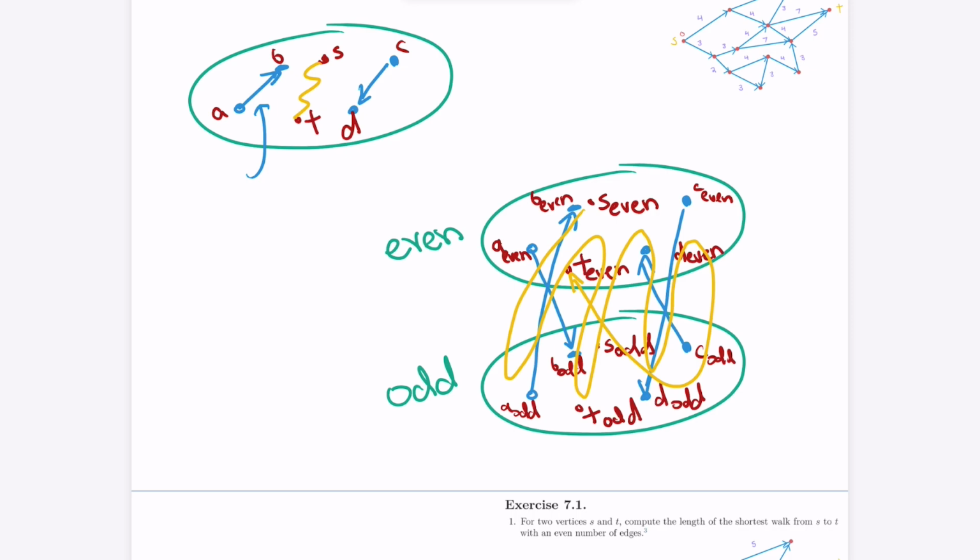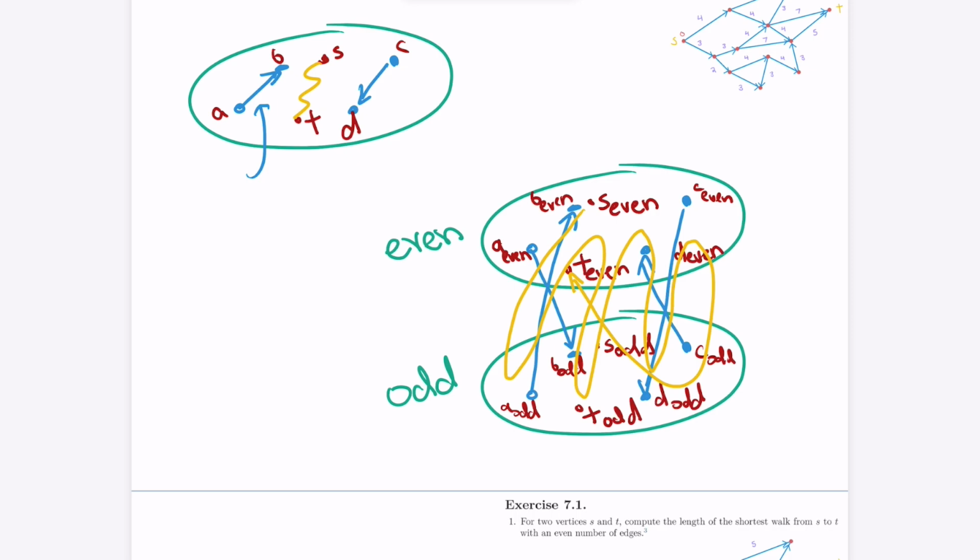Dijkstra guarantees the shortest path, but because it's going from S even to T even, I get the evenness in the original graph. But now I don't have to reprove anything. I just reuse what we did last class as a theorem. I know that Dijkstra, given a graph, finds the length of the shortest path from A to B, and A to B in the duplicated graph will give me an even length path in the original graph.